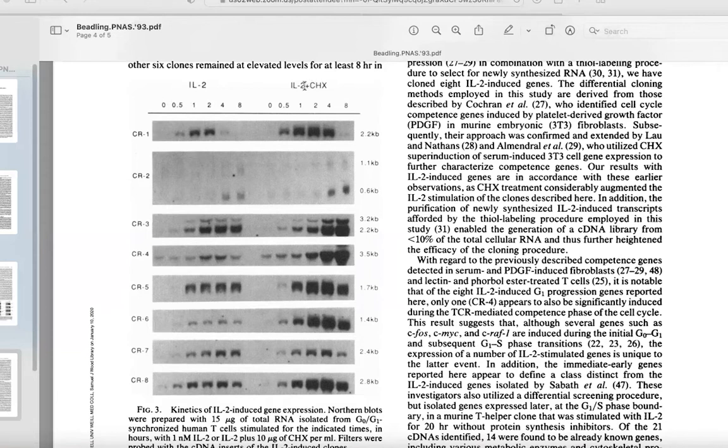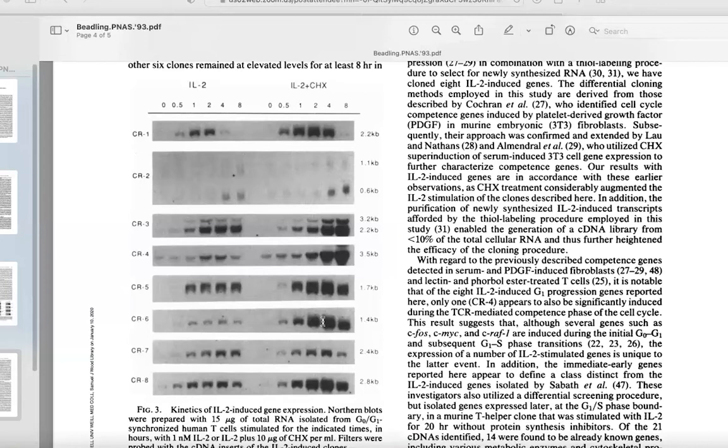And this is IL-2 plus cycloheximide onto T cells that were activated with nothing and then 30 minutes and so forth. And you can see that the effect of cycloheximide is quite striking in several instances. There's always a lot more there than without cycloheximide. So that was a good demonstration of our strategy and our tactics. Here's CR6, which was markedly enhanced in terms of its expression.